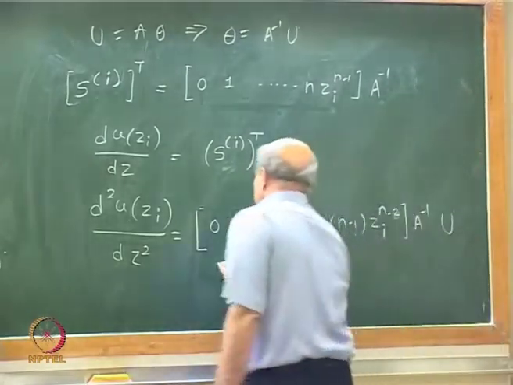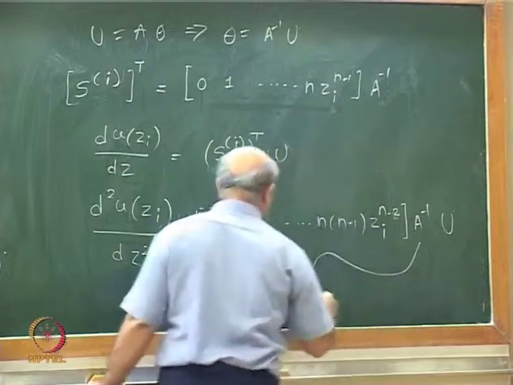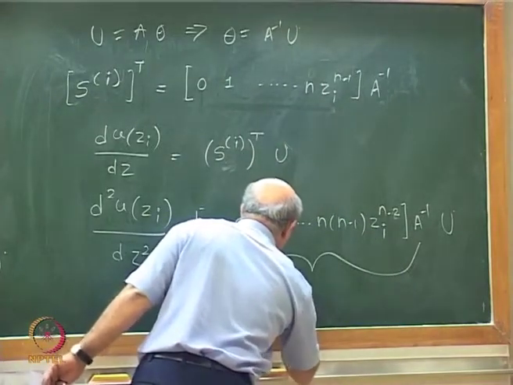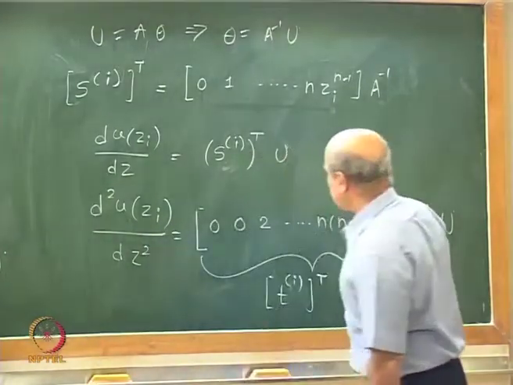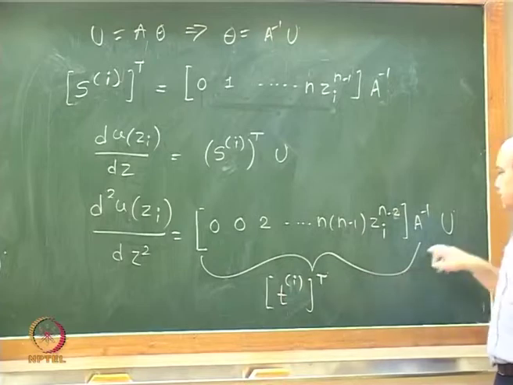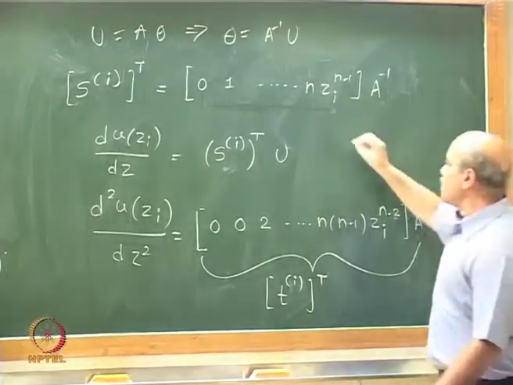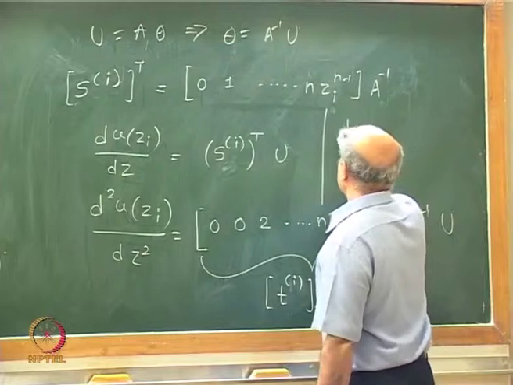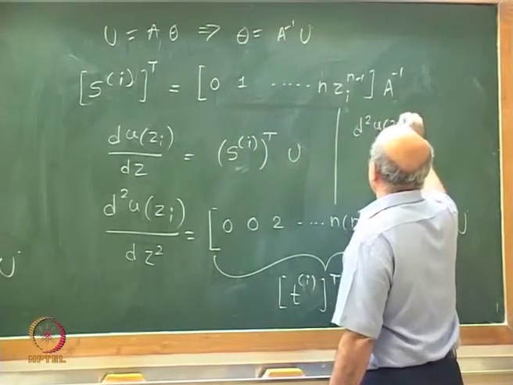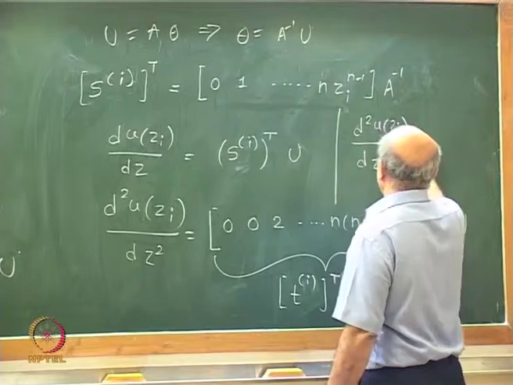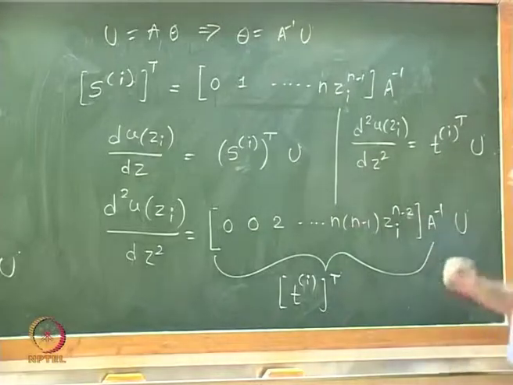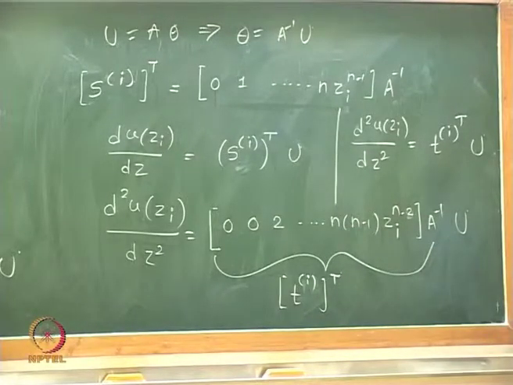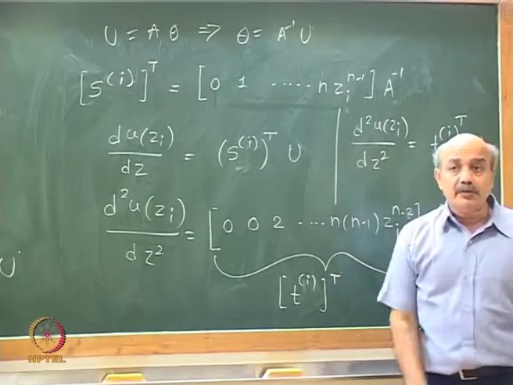So this expression naturally follows from this, and this is what we got. We decided to call this particular vector Ti transpose into U. Which means I have an expression: d2u at zi dz square is equal to Ti transpose into U. So what have I achieved?